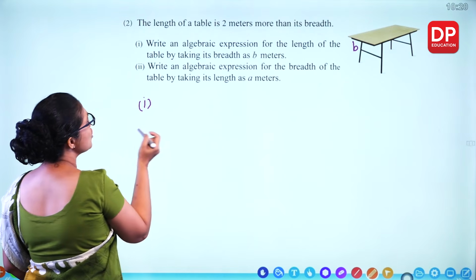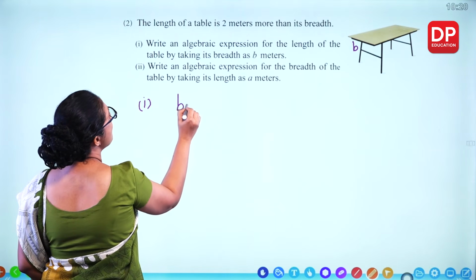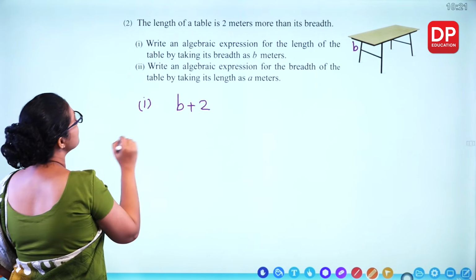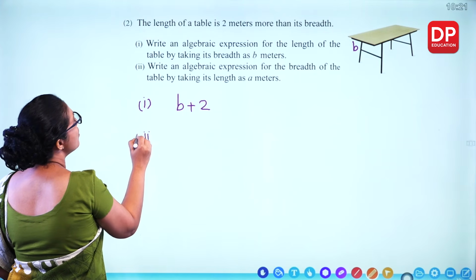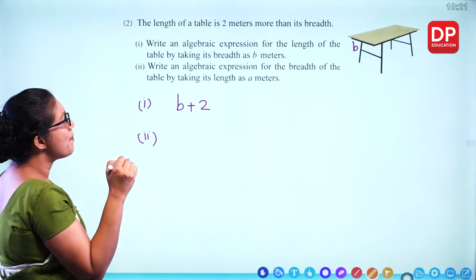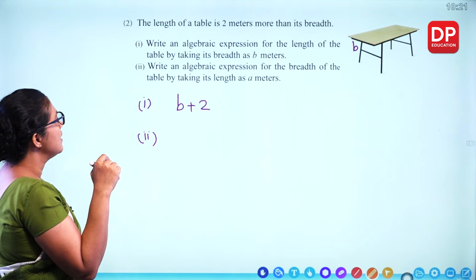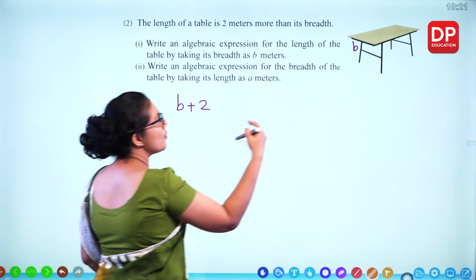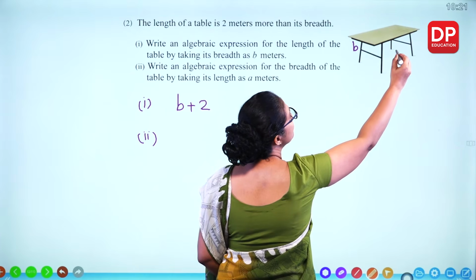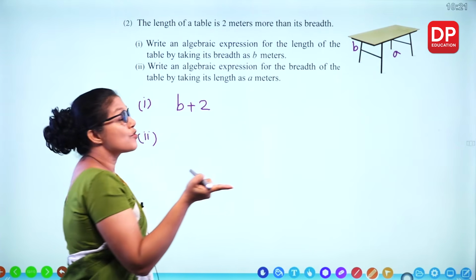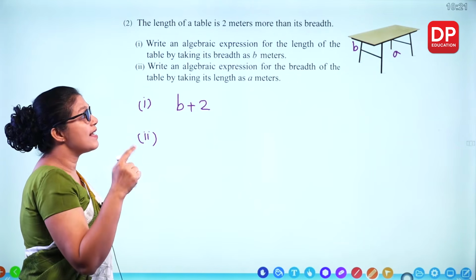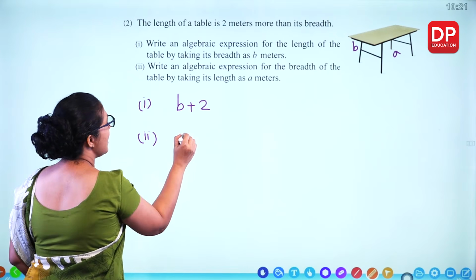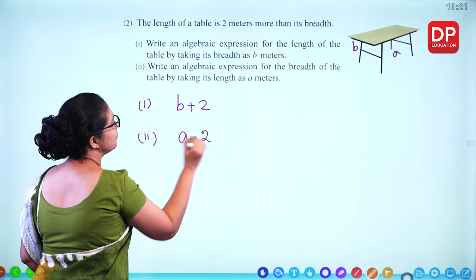So what's the expression? b plus 2. Part 2. Write an algebraic expression for the breadth of the table, taking its length as a. So a is the length now. So breadth is 2 less than the length. A minus 2.